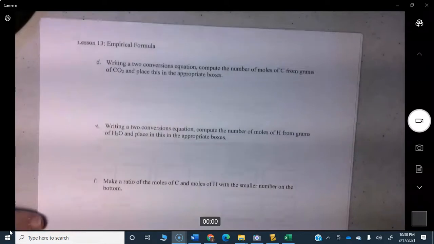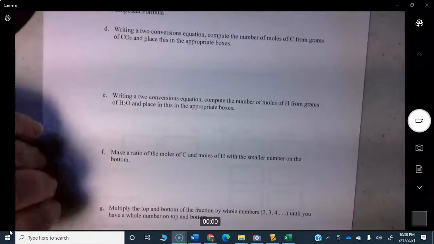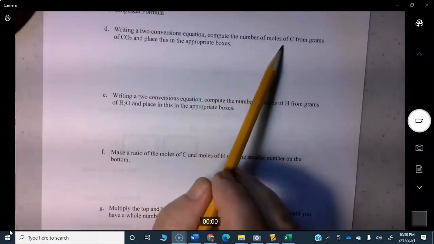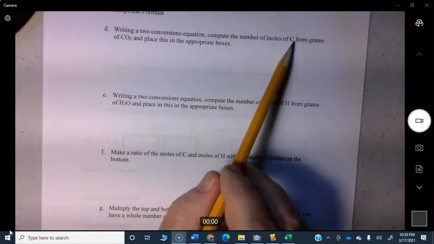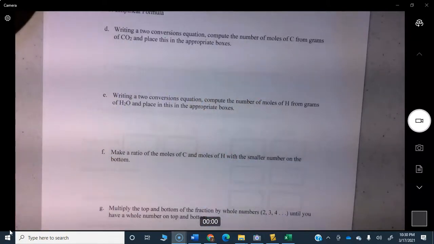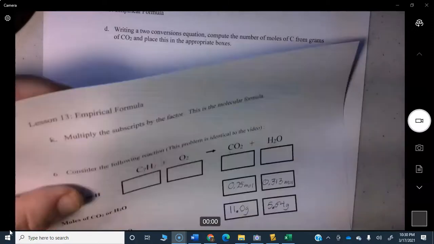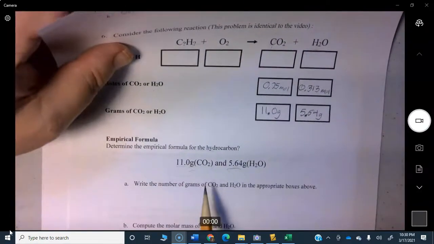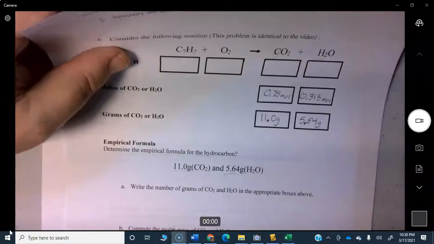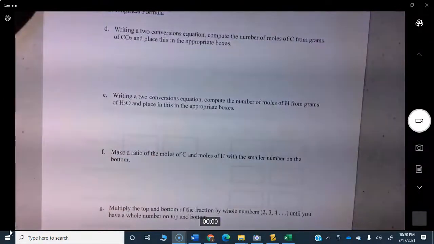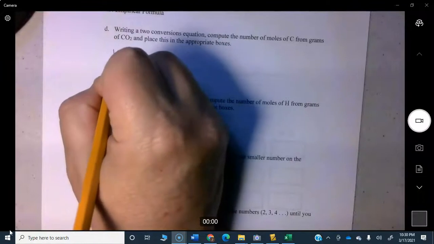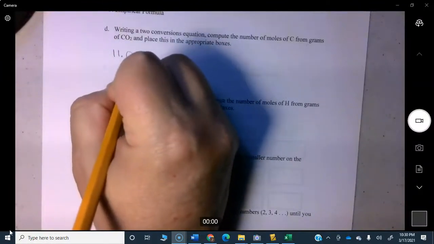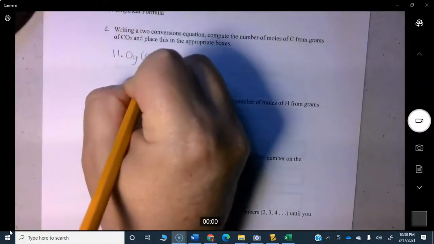And it says write two conversion equations to compute the number of moles of carbon from grams of CO2. So we started with this many grams of CO2. And let's see if we can write this without using the picture this time. So it's 11.0 grams of CO2.